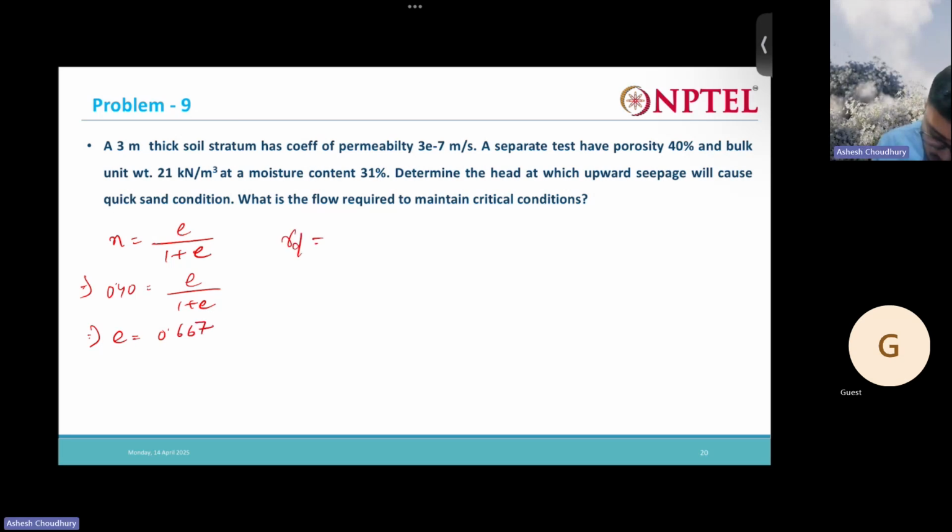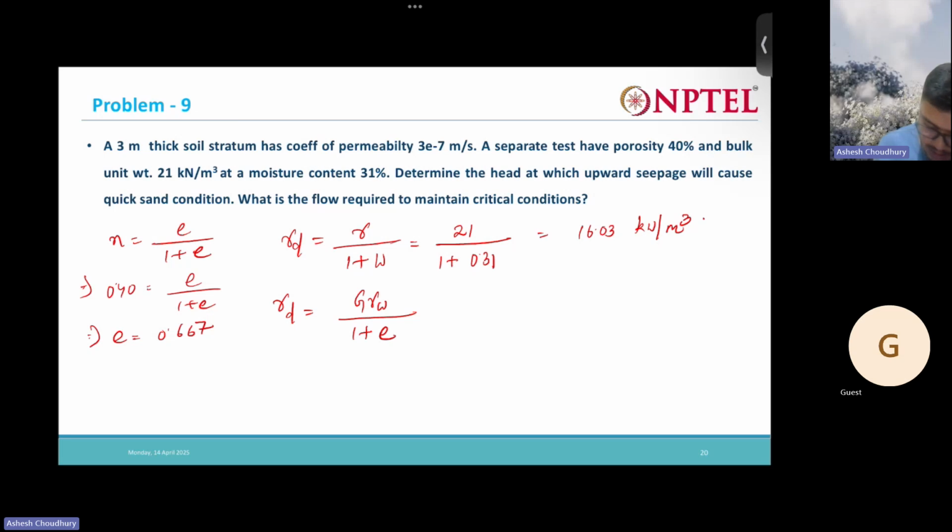Now what is my dry unit weight? Gamma d is total unit weight divided by 1 plus water content. So my bulk unit weight is 21, 1 plus water content is 31%. This will come out as 16.03. Now gamma d is G gamma w by 1 plus e.